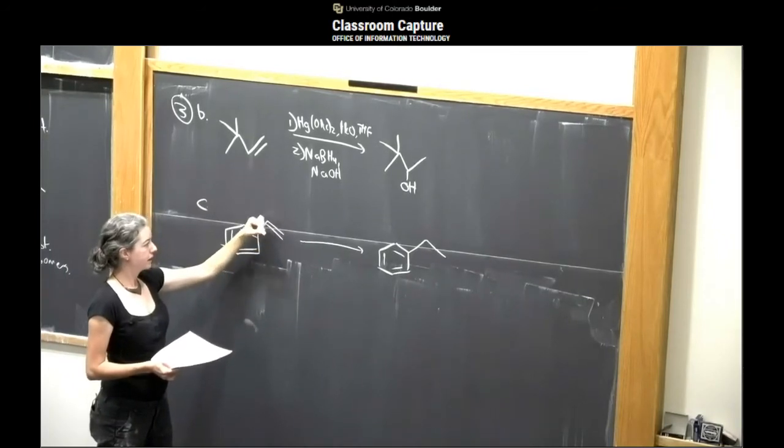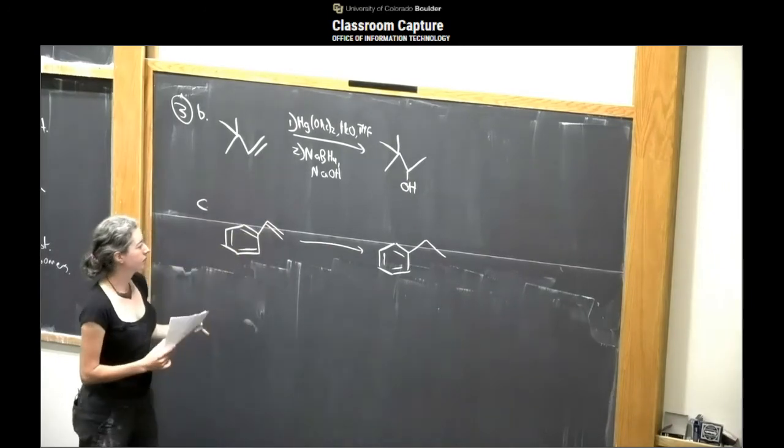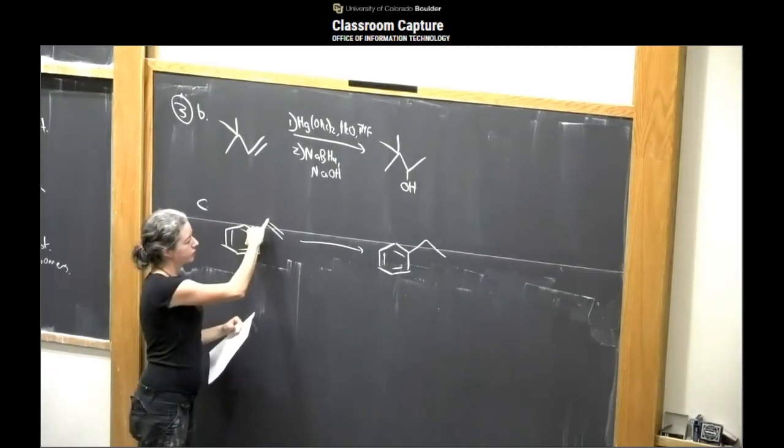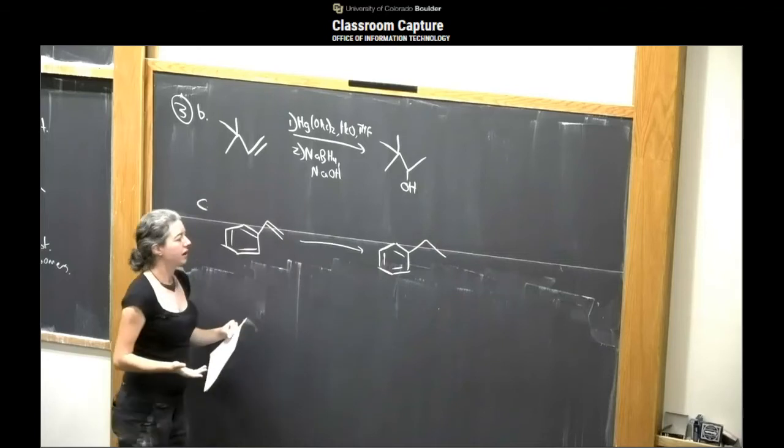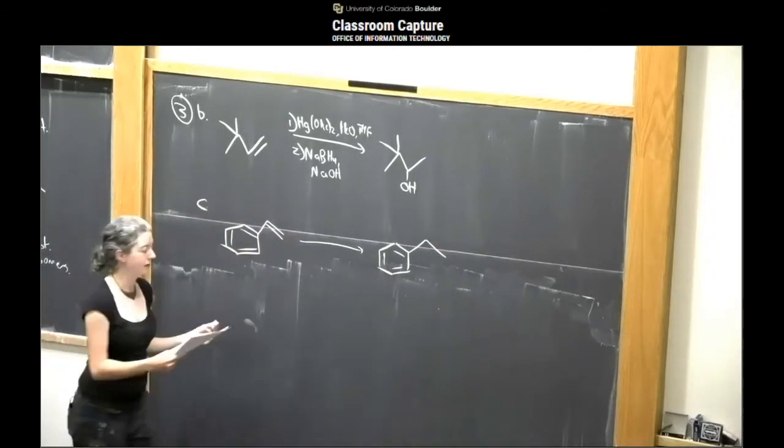If you're looking at this, you're trying to add an H to both ends of the double bond. So we're trying to do a hydrogenation.